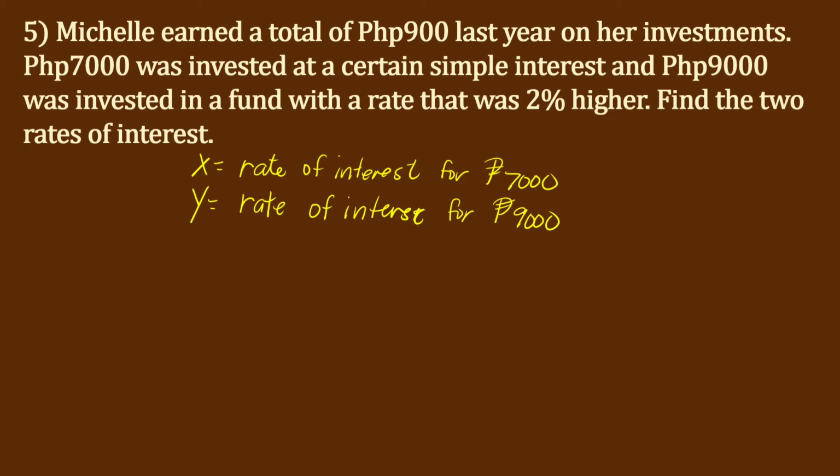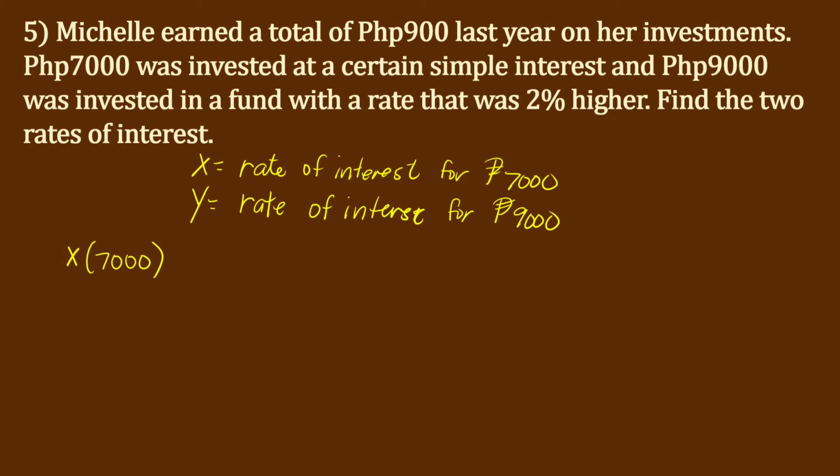So, if x is the rate for 7,000 pesos, we multiply it by that, it will give us, okay, this expression will give us the money earned after investing 7,000 pesos to the x interest rate.